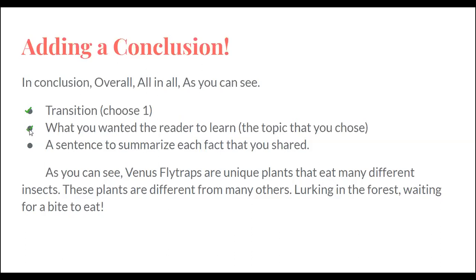These plants are different from many others, lurking in the forest, waiting for a bite to eat. So these last 2 sentences summarize the facts that I already shared. They are plants that eat other animals.